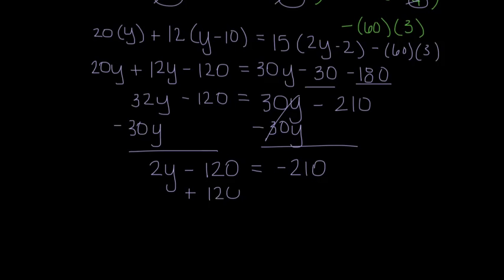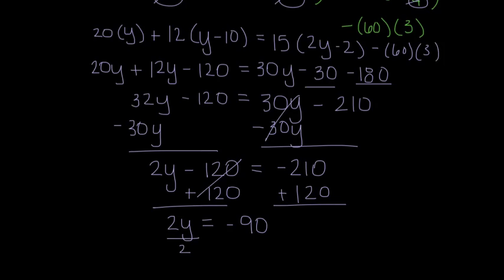Add my 120 to both sides. I get 2y, my 120s cancel, equals, let's see, negative 210 plus 120 is equal to negative 90. Divide both sides by 2. My 2's cancel, and I get y is negative 45.